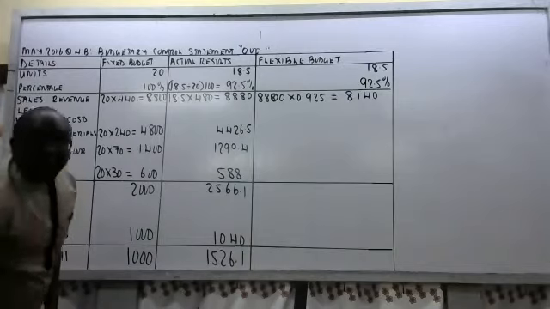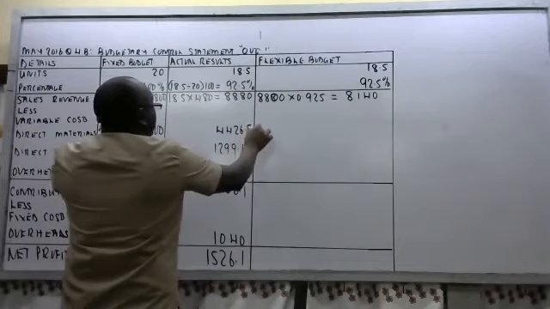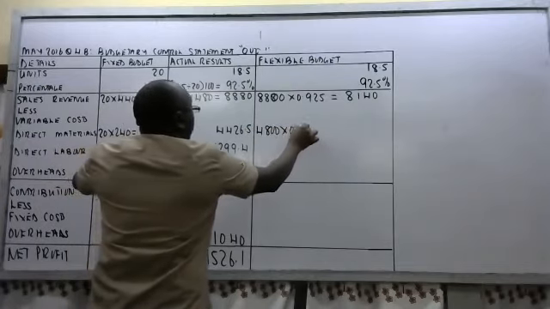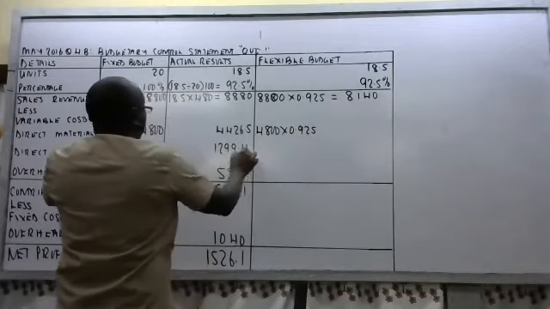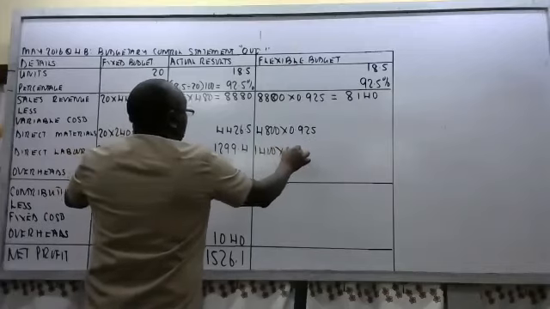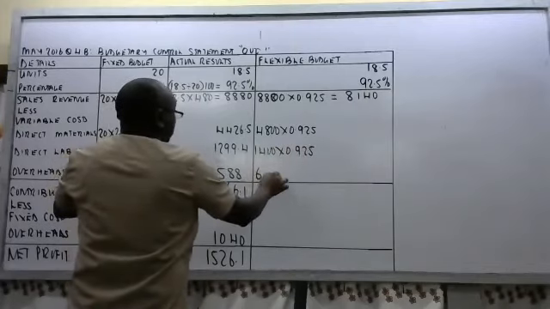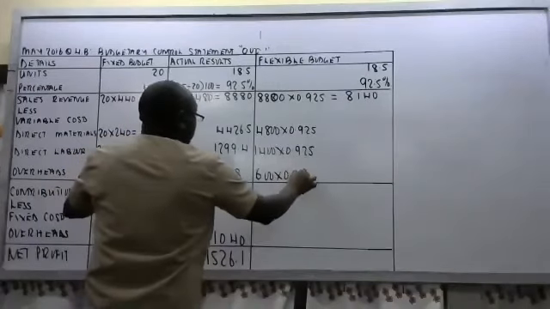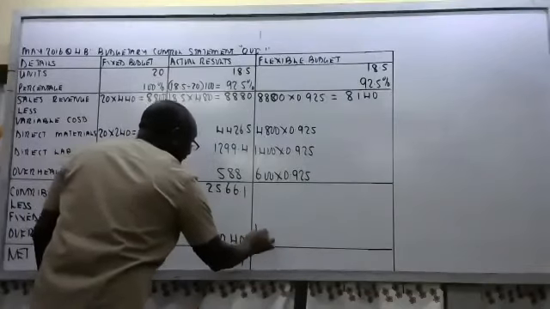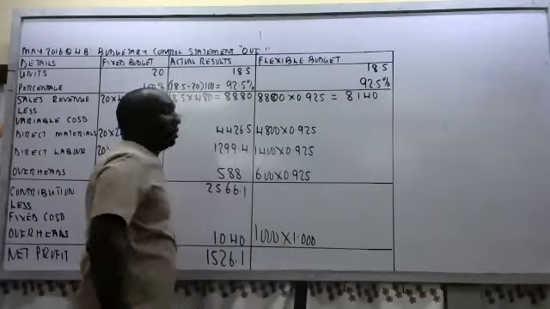So dancing the same rhythm, I will take this 4800 multiplied by 0.925, I take 1400 multiplied by 0.925, I take 600 multiplied by 0.925, and this 1000, I multiply by 1.00, it has not changed.